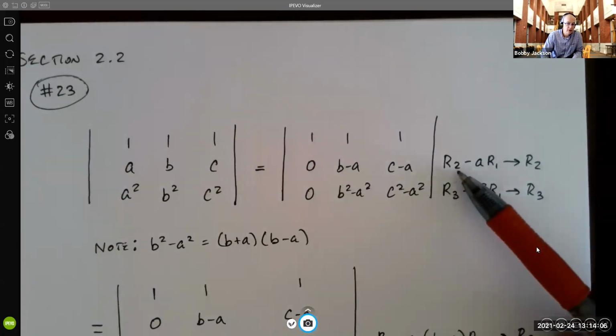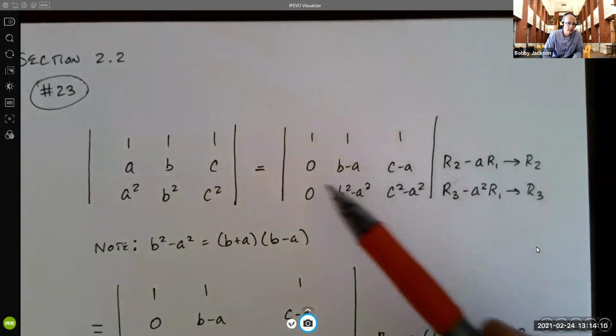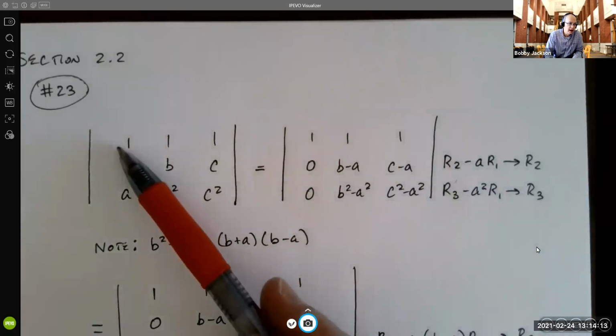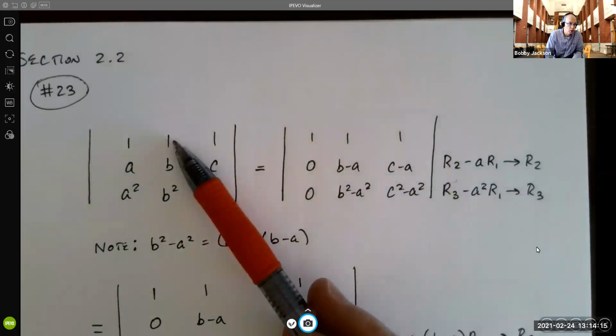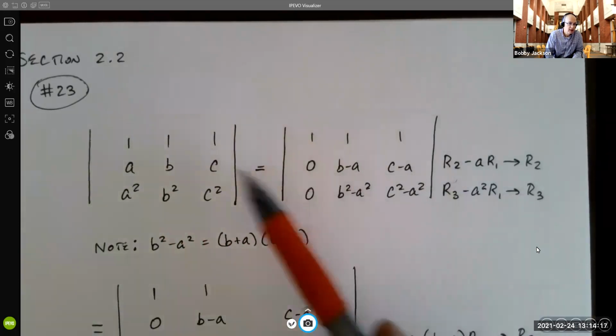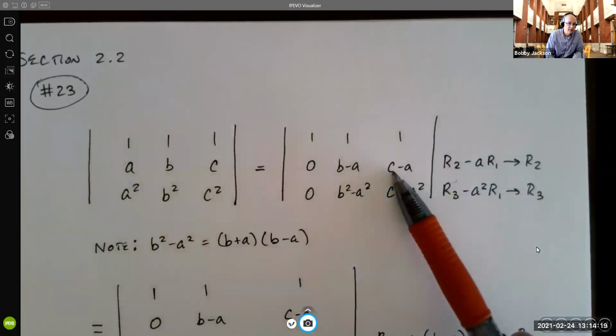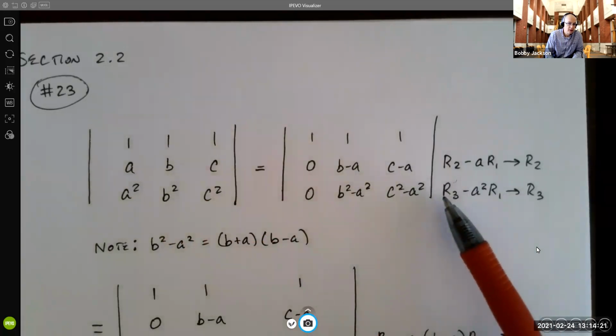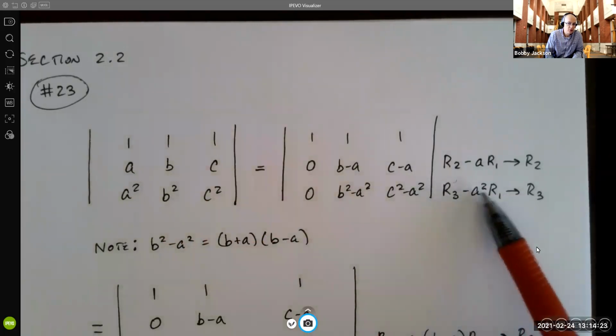Notice when I do row 2 minus a times row 1, I get 0, b minus a, c minus a. Then for row 3, I do row 3 minus a squared times row 1.